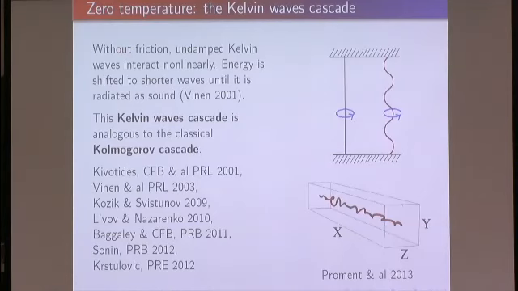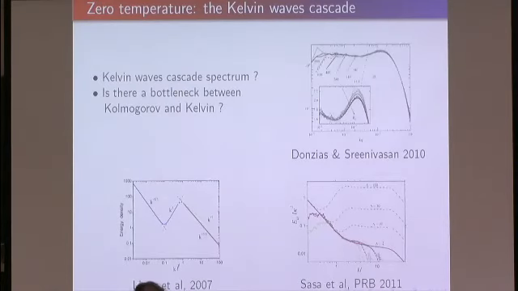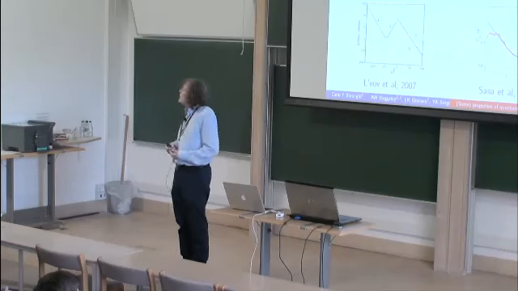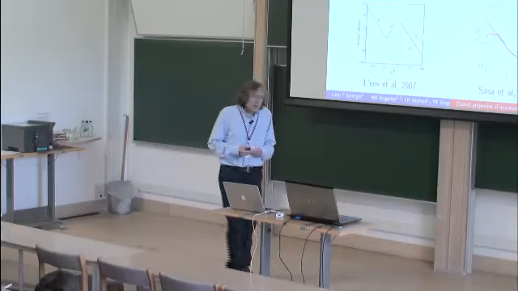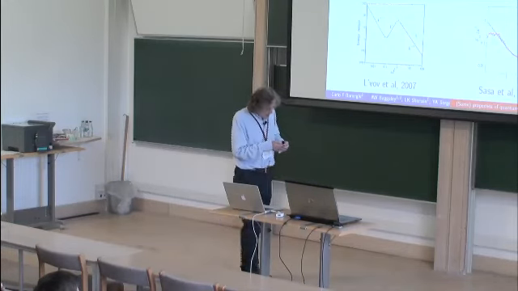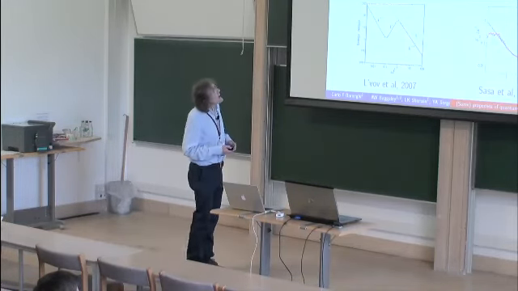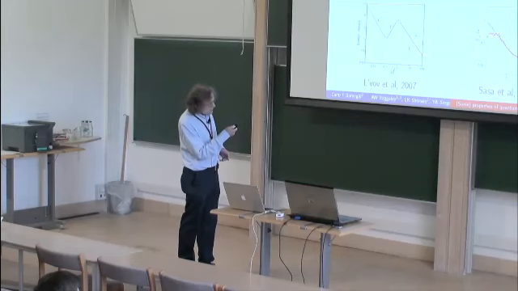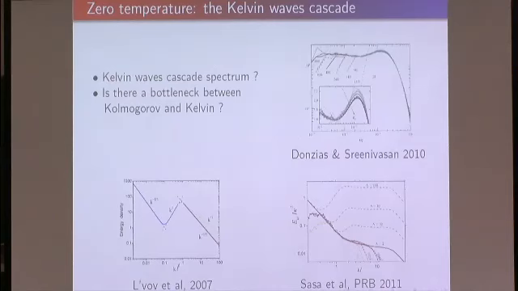There is also another prediction which was made, that there should be some kind of bottleneck between the Kolmogorov spectrum and the Kelvin wave spectrum. A bottleneck is a region in k-space where energy piles up. Just to illustrate it, I've taken this picture from a paper of Srinivasan, where a compensated spectrum is plotted showing the bottleneck between the inertial part of the spectrum and the viscous part of the spectrum.